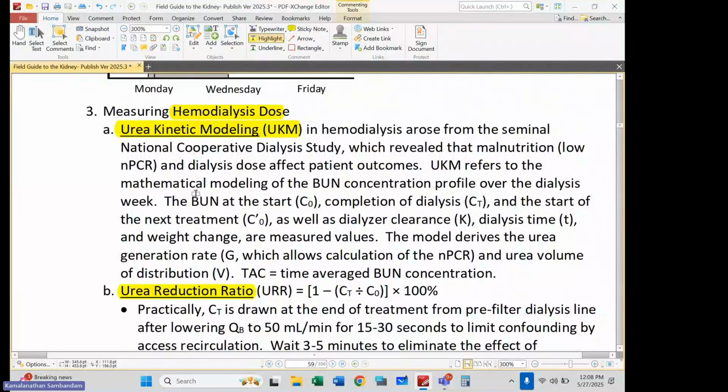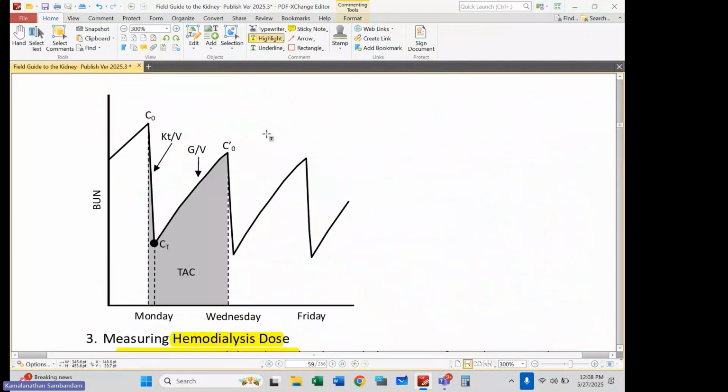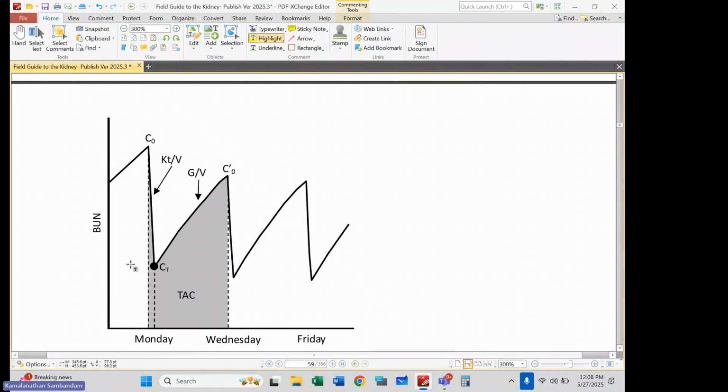Okay, so the first we'll go over is urea kinetic modeling. What does that refer to? Well, you have, as described here, a profile of BUN concentration that occurs on this three times per week dialysis schedule, described by this sawtooth curve, where I have a starting blood urea concentration at the start of the dialysis week that's relatively high.